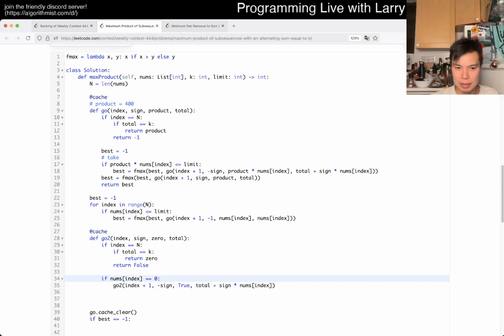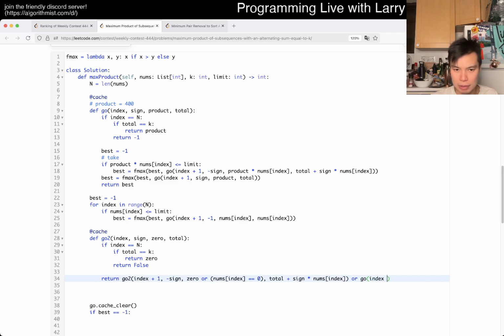I guess this is just whether this is 0 or this thing, right? So we return this or tick no tick, right? So index plus 1, negative sign, 0. Oh no. We don't change anything, Larry. What are you doing? This is no tick. Okay, so something like that.